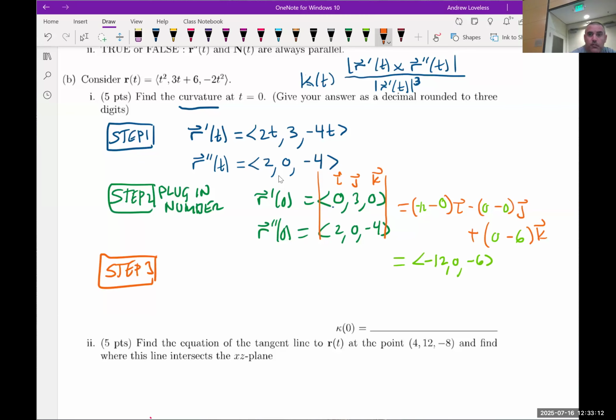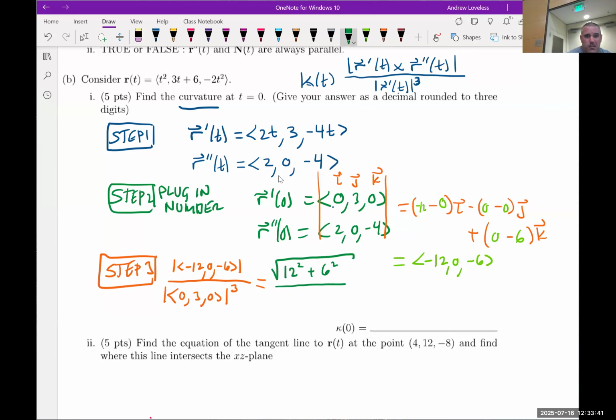So then the last part is computing the lengths. You need the magnitude of the cross product, the magnitude of -12, 0, -6, divided by the magnitude of the first derivative, cubed. These curvature questions end up being more about whether we can use a vector formula. It's going to be this messy thing: square root of 12 squared plus 6 squared, over the square root of 3 squared, cubed.